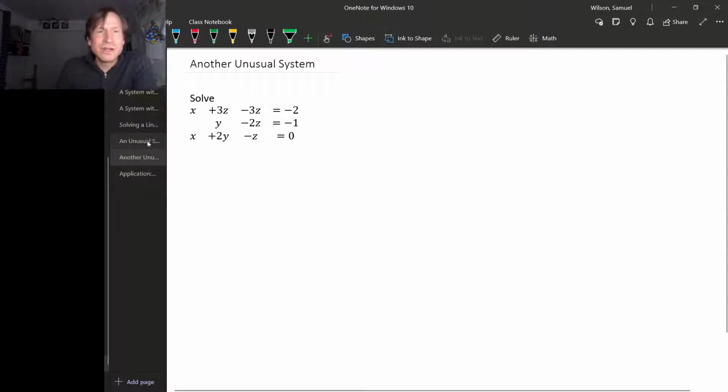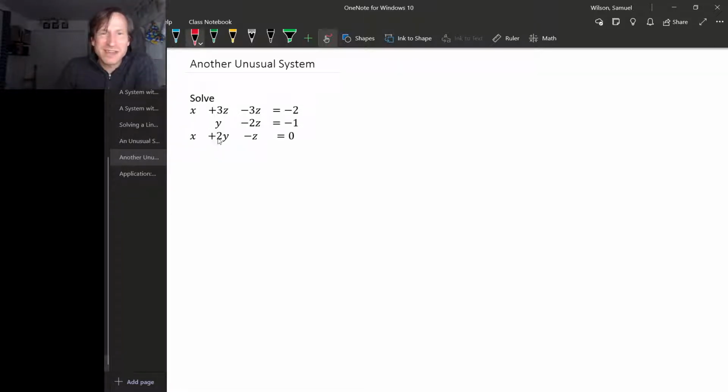Let's try this one. We can play the same game of adding multiples of equations to other equations to try to zero things out. Oops, I meant for this to be a y right here. Let's start out by subtracting the first equation from the third equation. The first equation we're going to leave alone: x plus 3y minus 3z equals negative 2.